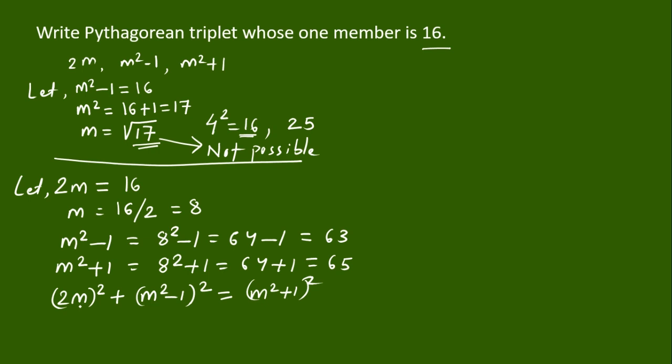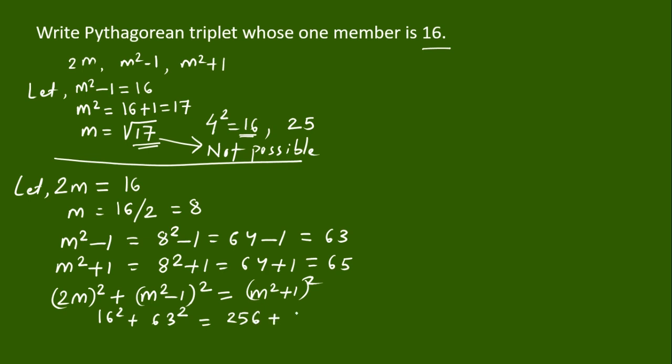We have 2m is equal to 16, so 16 square plus m square minus 1 is equal to 63, 63 square. So we have to find this. 16 square is equal to how much? That is equal to 256.